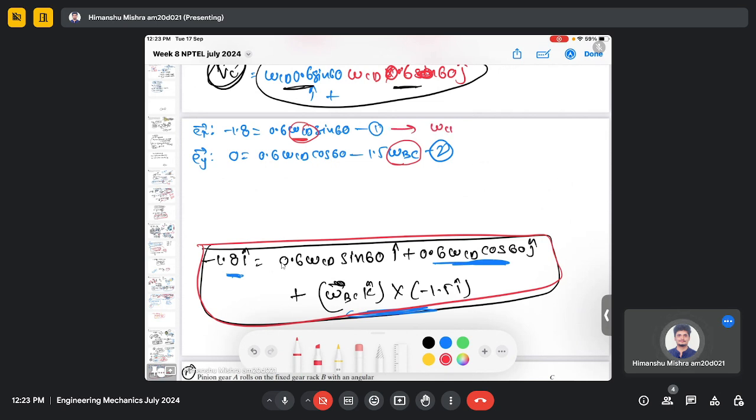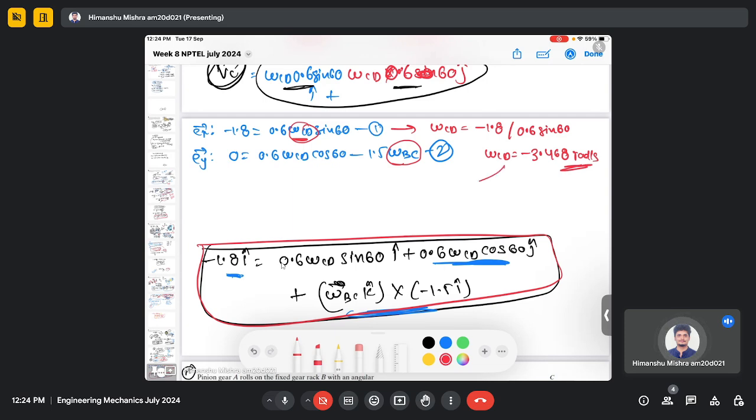So your omega CD will be minus 1.8 divided by 0.6 sine 60. So it will give you omega CD, which is minus 3.468 rad per second.